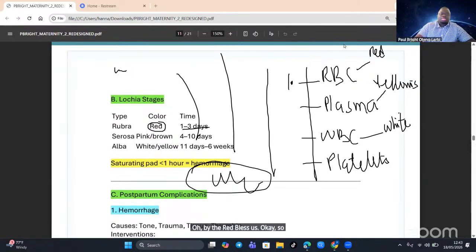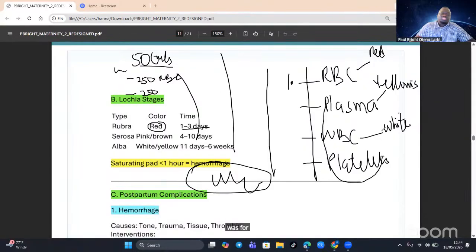Okay, so at first, it was 500 mils of blood that was coming out. Out of this 500, 200 or 250 was for red blood cells. 250 was for these guys, other blood products.